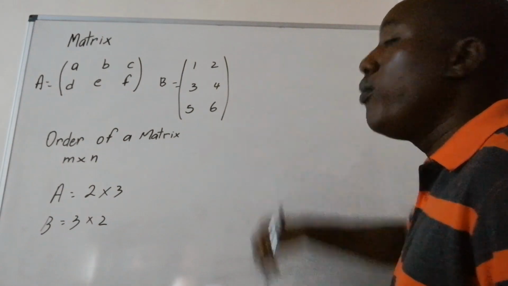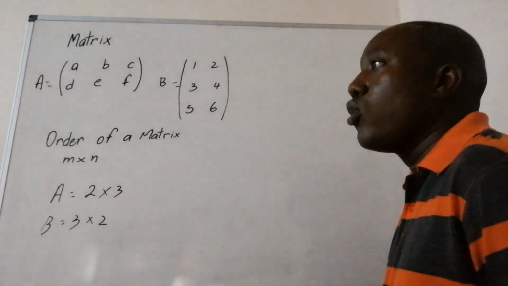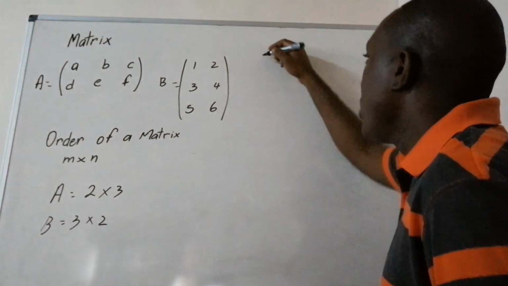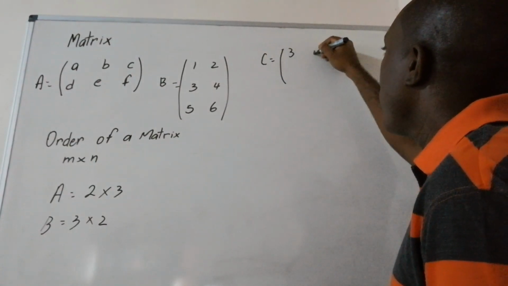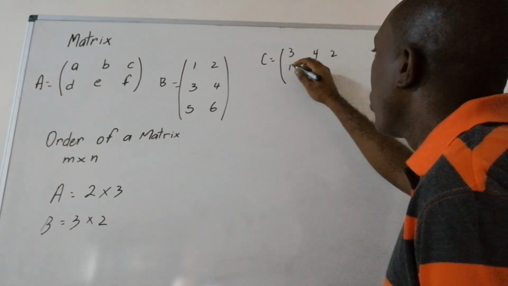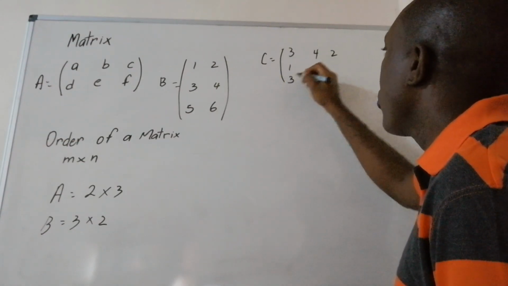So let's write two matrices whose orders are the same. Matrix C, let's call it 3, 4, 2, and let's make it a 3 by 3 matrix.